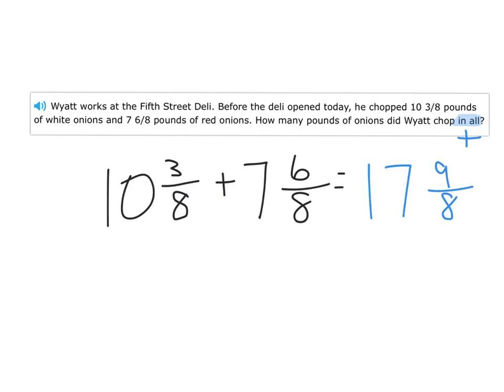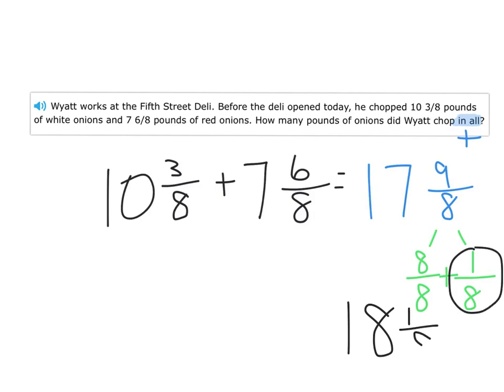I'm going to decompose that again and see what I can pull out of there. Here's 1 whole and 1/8 more, make up that 9/8. That 1 whole, or 8/8, will bump that 17 up to 18 whole, and this 1/8 goes right with it.